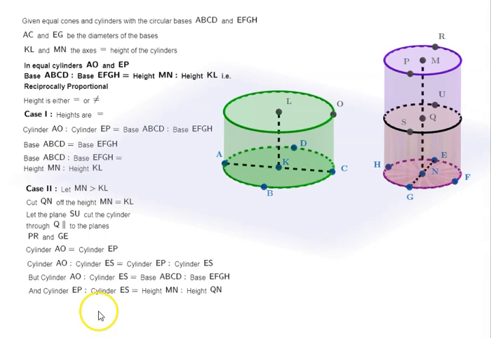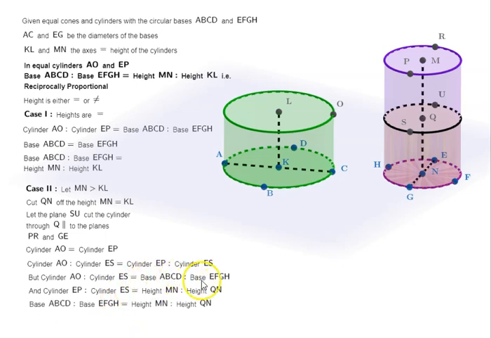So now what do we have? We have cylinder AO is to cylinder ES, cylinder EP is to cylinder ES. But AO and EP are equal. That means the left-hand side ratios of both these statements are the same. That means the ratios on the right-hand sides will also be the same.